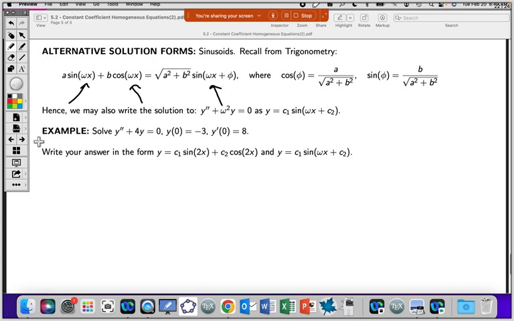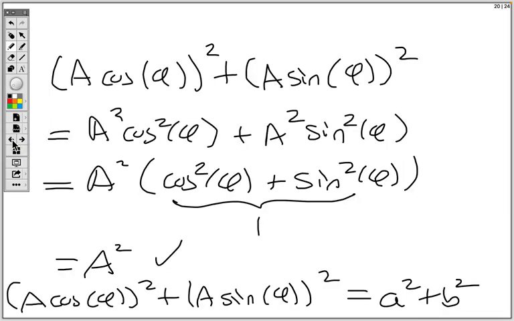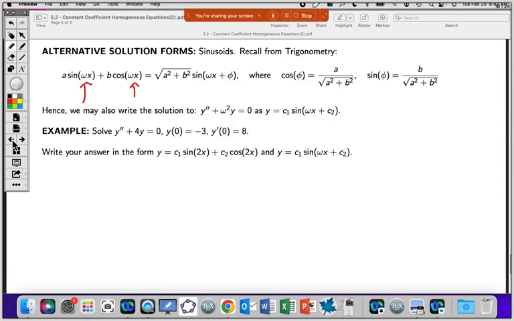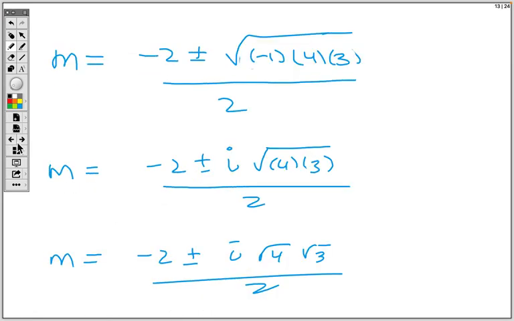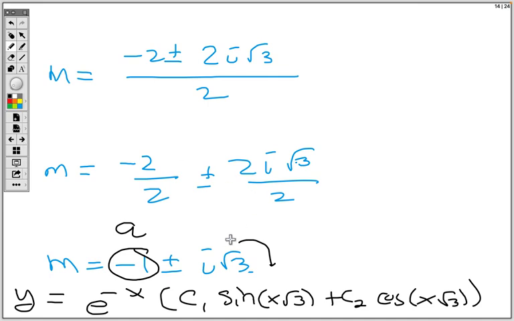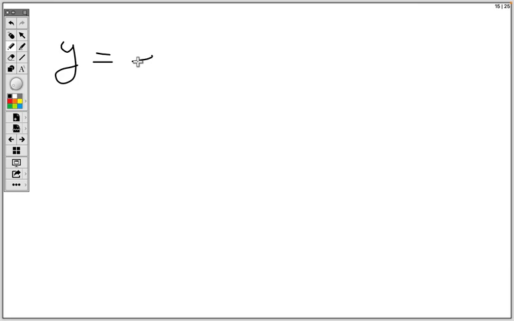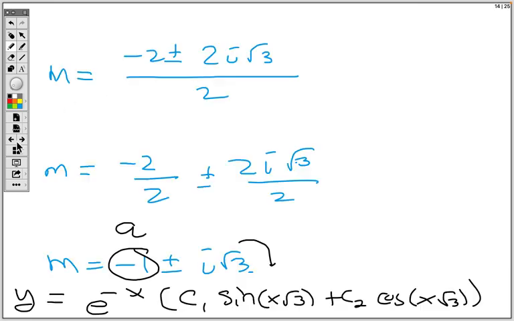All right, so if we go back and look at this solution we had earlier, we got y equals e to the minus x. Oh, actually, let's go through a specific example to see that.